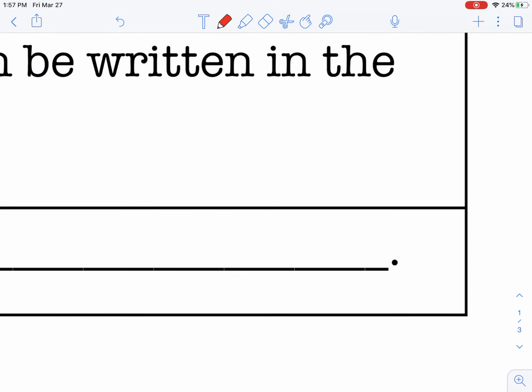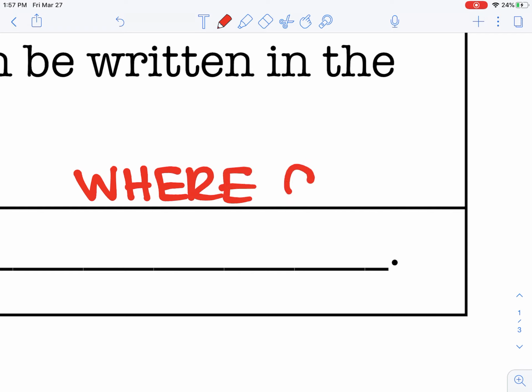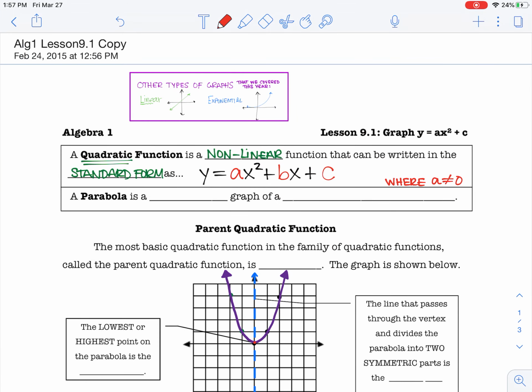Now, if you look at the definition of this, it also adds in the fact that this is true when a is not equal to 0, meaning that first term has to be there. The only value that a can't be is 0. All right, what do we call these graphs? They are called parabolas.